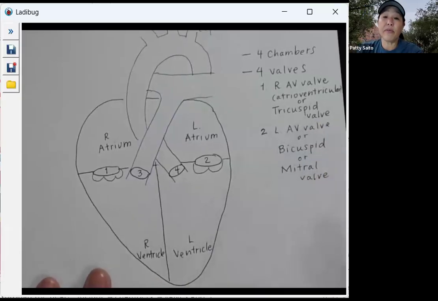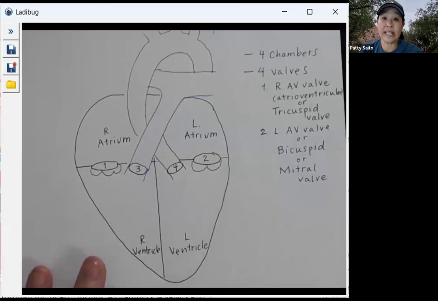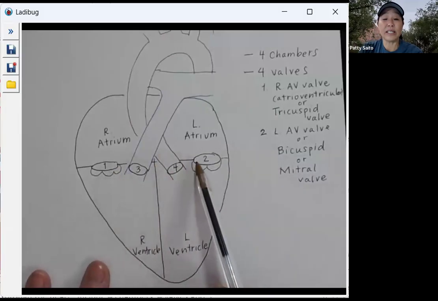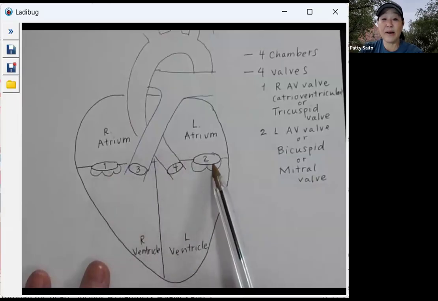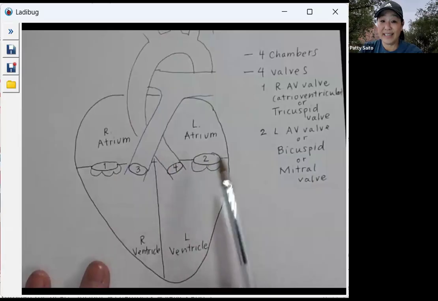But you should again be familiar with all the terms because you don't know how you're going to see it. And so one way I remember is you try what's right and you buy what's left. So tricuspid, bicuspid. Try what's right and you buy what's left.